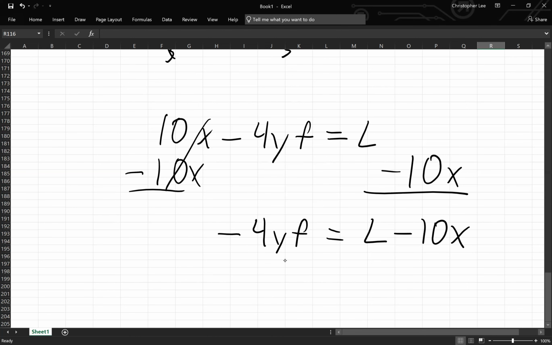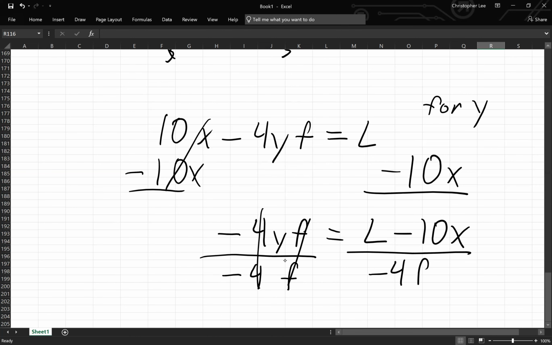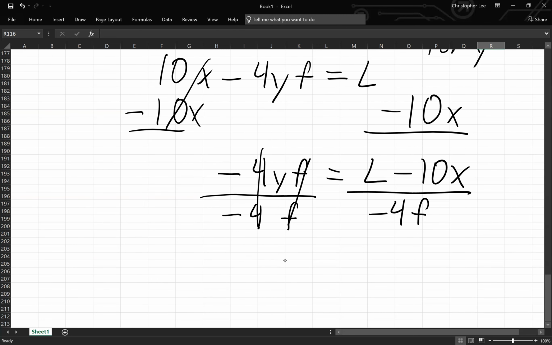So for y, not plus, divide by -4f, right? And what we do to one side, we do to the other. And that's it. Then to type it in, you don't need the y equals.